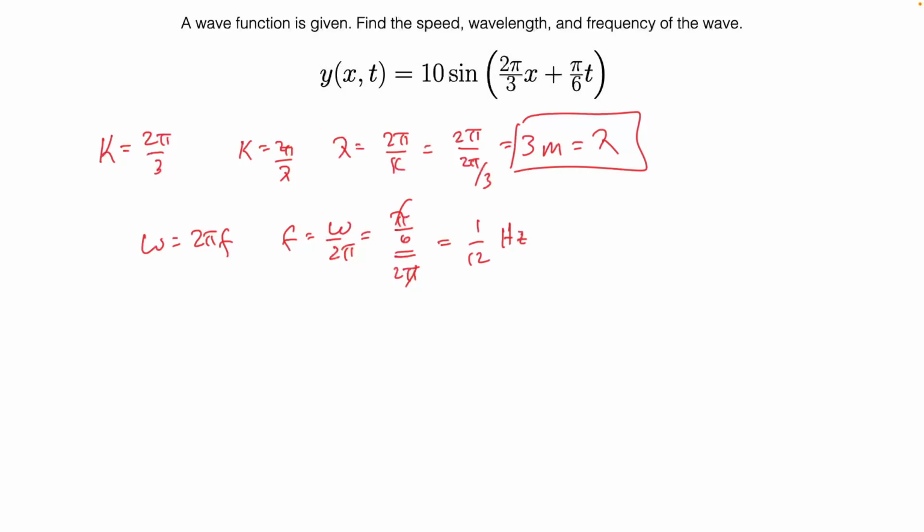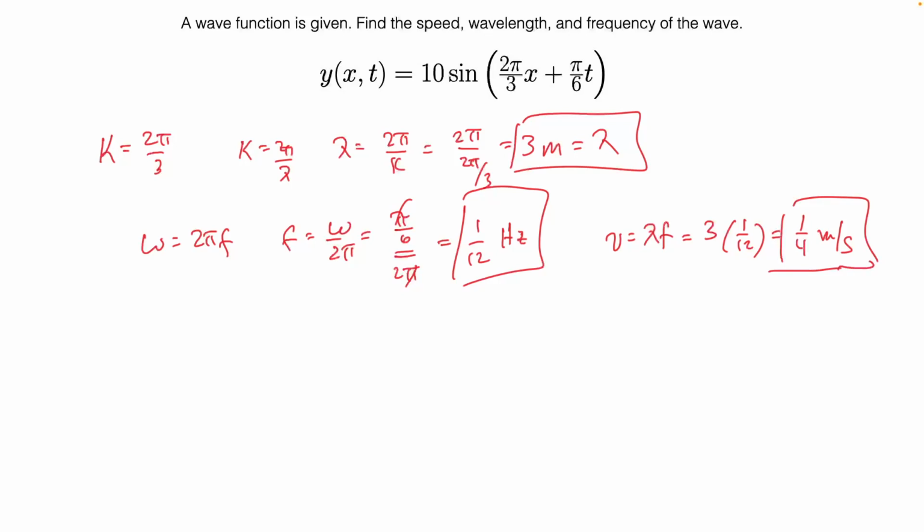Right? So there's the frequency. And now, how do I find the speed of the wave? It's wavelength times frequency. Right? So the wavelength is 3, the frequency is 1/12, so this wave must be going 1/4 of a meter per second.